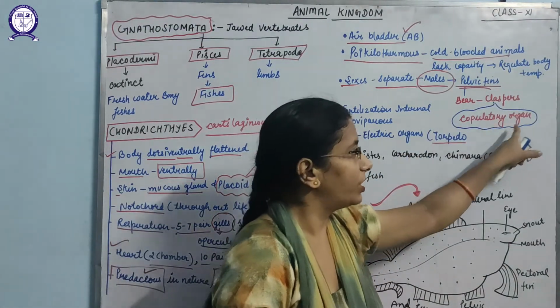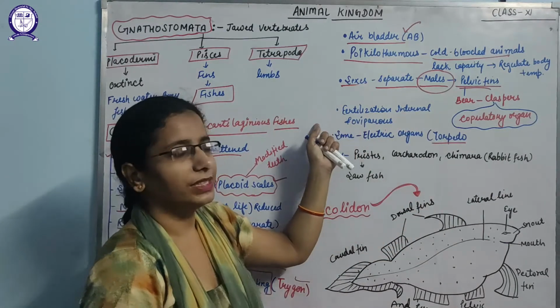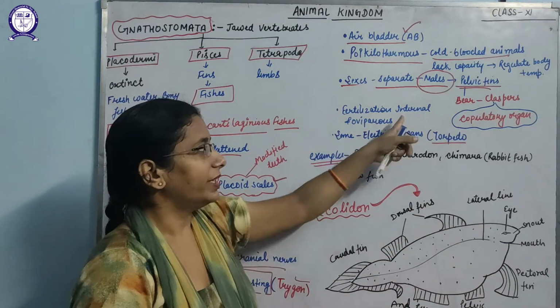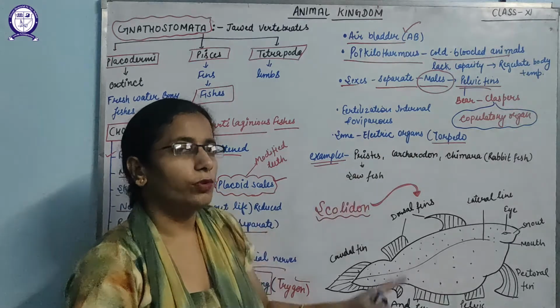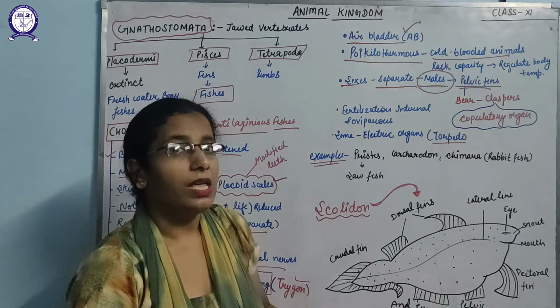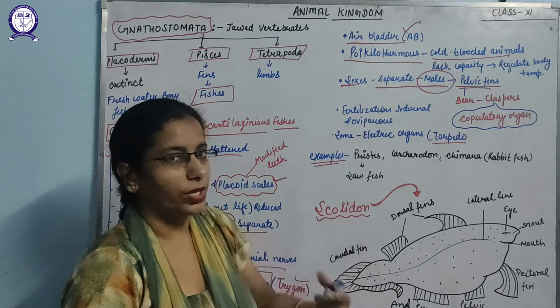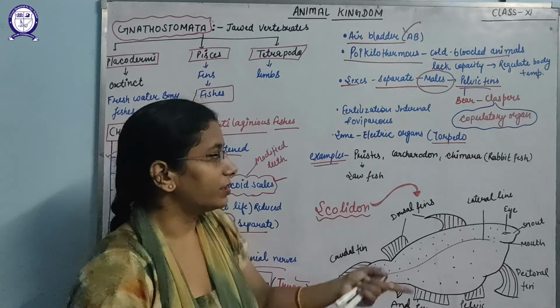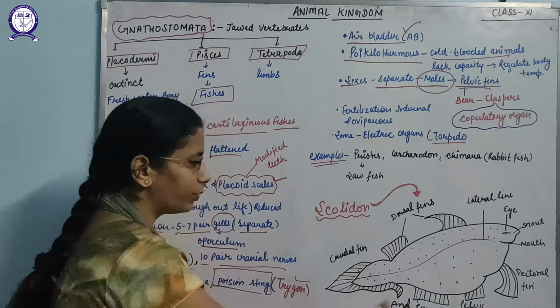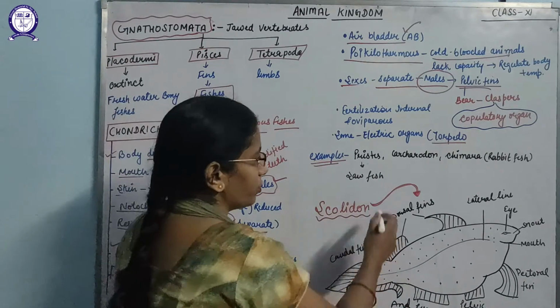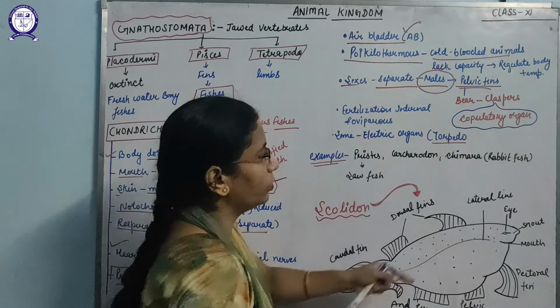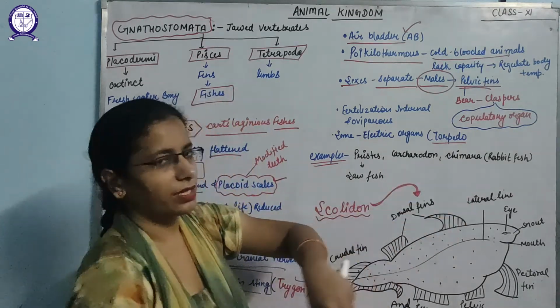Fertilization is internal, and these are oviparous, that means they lay eggs, and some also have electric organs for protection from predators. An example is Torpedo. Some examples include Pristis, Carcharodon, and Chimaera, also known as the rabbit fish.